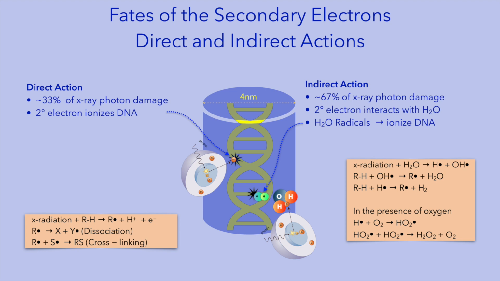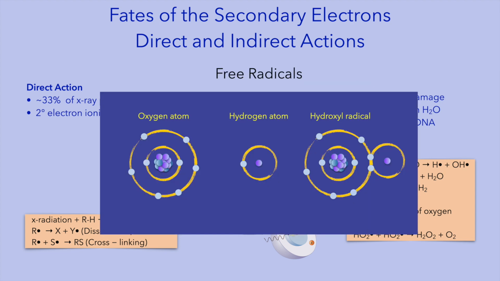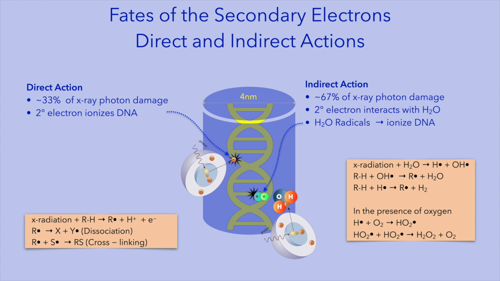The chemical reaction of X-ray photons with water, referred to as radiolysis of water, yields highly reactive radicals, including the hydroxyl radical and the hydroperoxyl radical. Additionally, hydrogen peroxide, a strong oxidizing agent, is also formed.